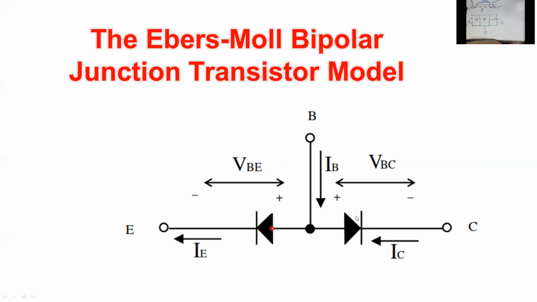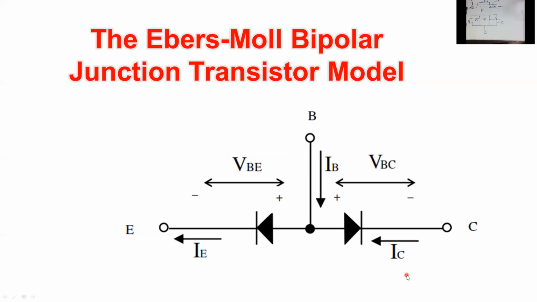So this is simply how we can model the transistor. We have two voltages. We have the voltage between the base and the emitter, which is controlling this junction, and we have the voltage between the base and the collector, which is controlling the second portion or the second junction.